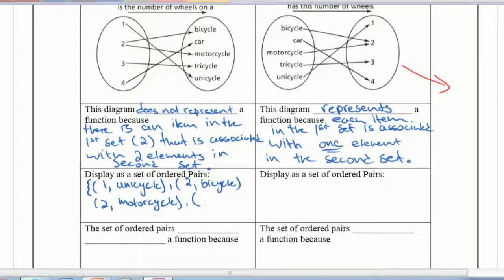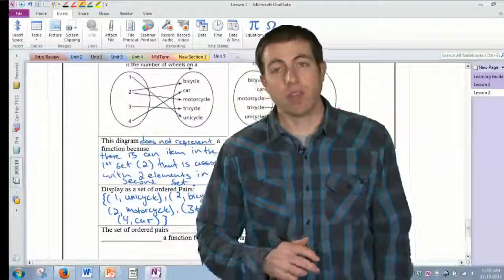And then I had 3 for tricycle. And finally 4 for a car. And then I'm going to close my squiggly bracket. And away we go. We're going to do the same thing with the second one.